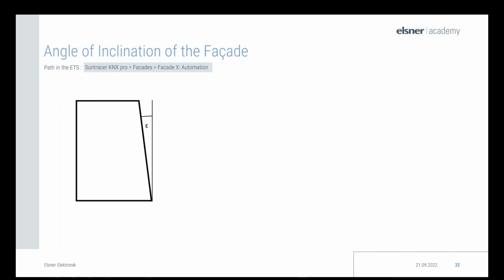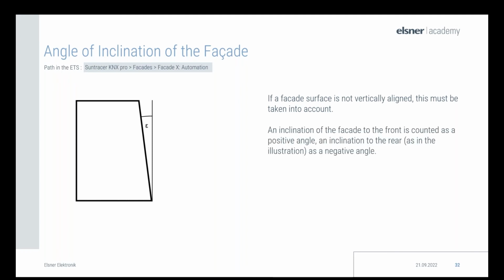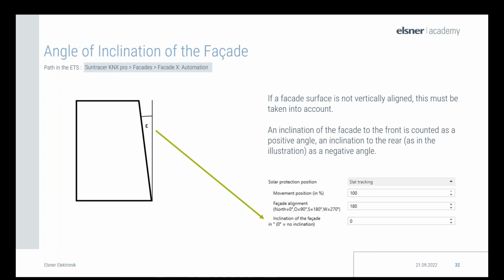For an inclination to the rear, as in the next figure, the value 0 is entered. So here the adjustment of the inclination is to be made. Here you can see the section in the ETS application where you can set the inclination of the facade.